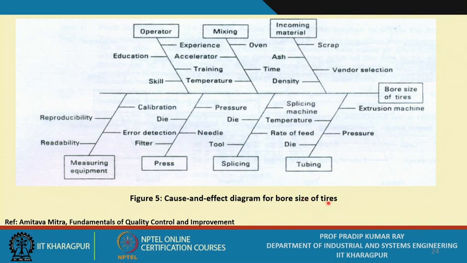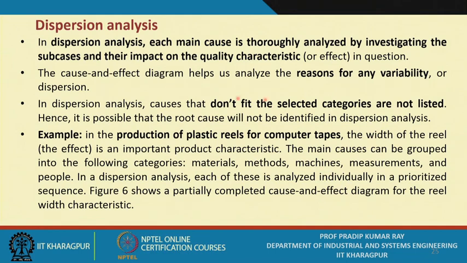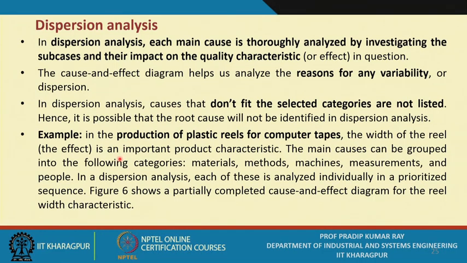Is it okay? So, this is the typical format. In the dispersion analysis, for each cause you collect data and calculate their variability. That means the dispersion is measured with the standard deviation.